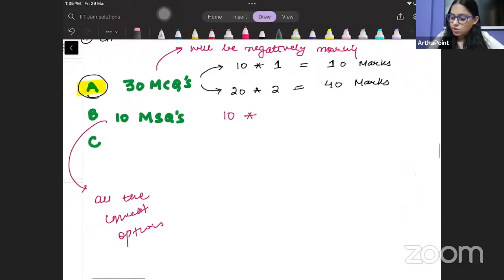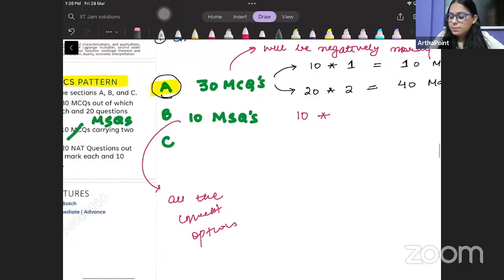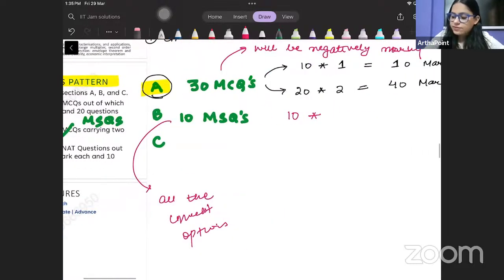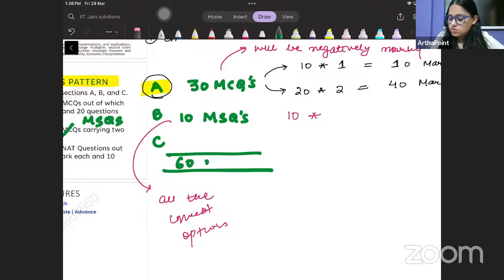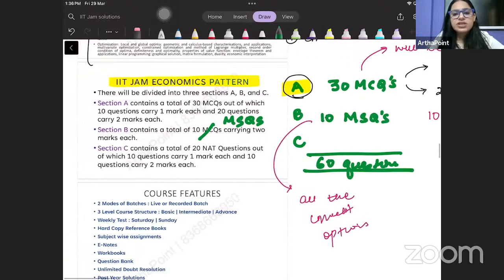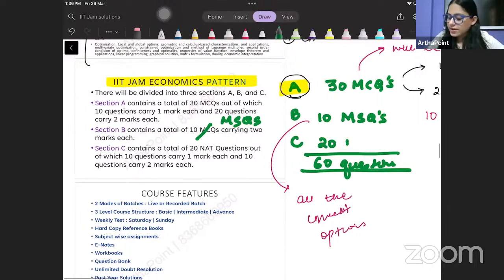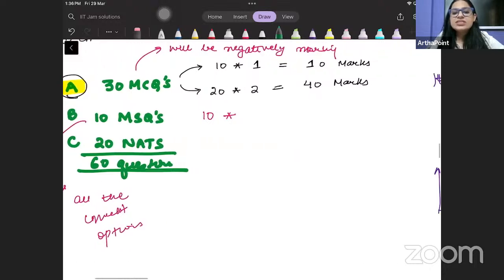Right, beta? Okay. Now, beta, the last part. So in total there are 60 questions. We have already covered 40. So the last part is going to have 20 NAT questions. And in these NAT questions, again, there will be a division.